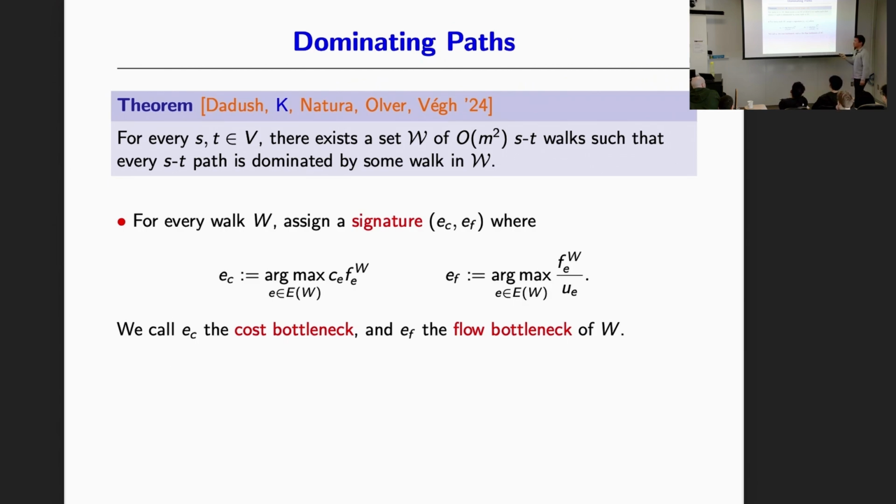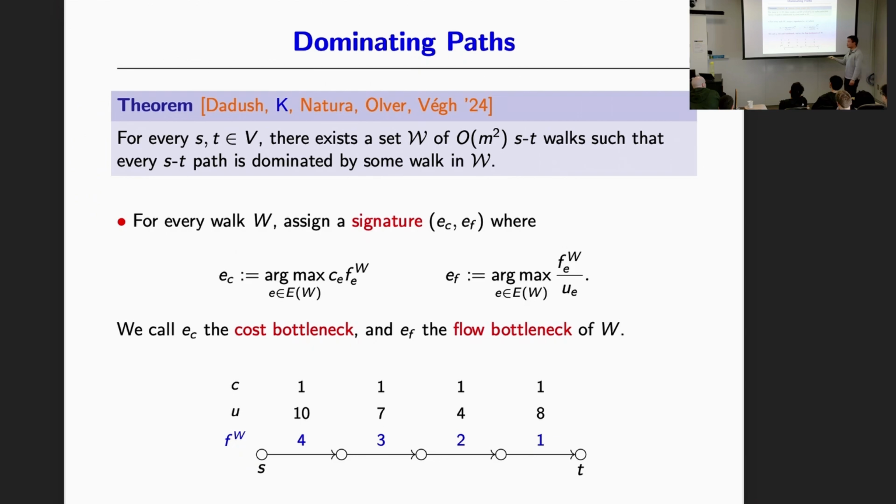Okay? So here's an example. The costs are all 1, and these are the upper bounds. Can you tell me what EC is? What's the cost bottleneck? Yeah, exactly. Because you take the inner product of C and FW, whichever one is the biggest is EC.